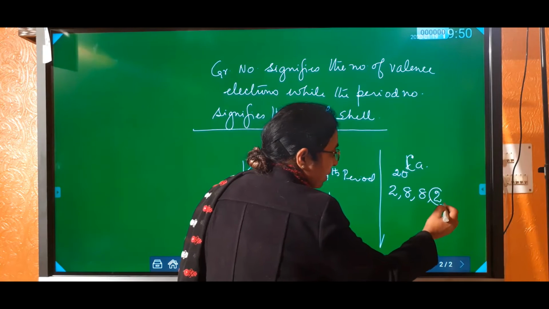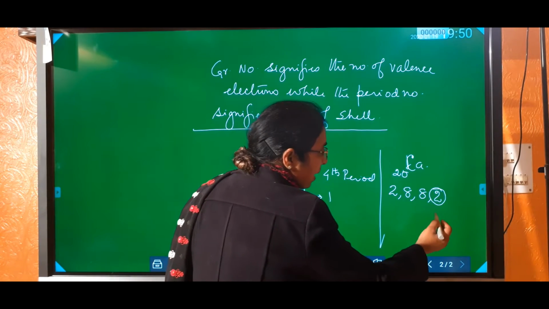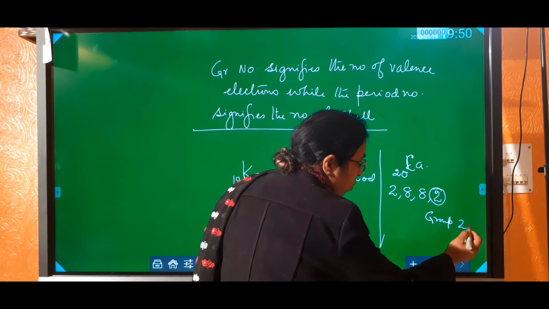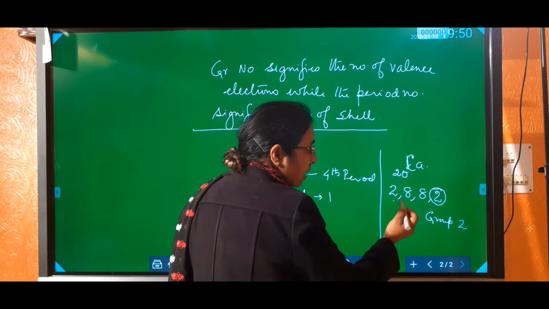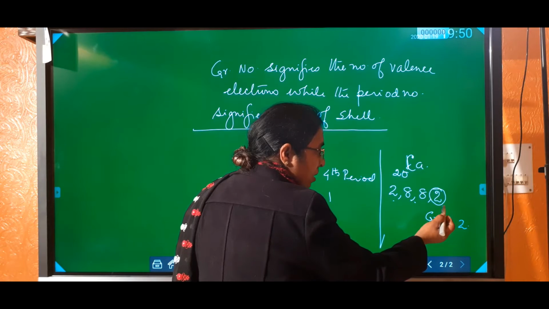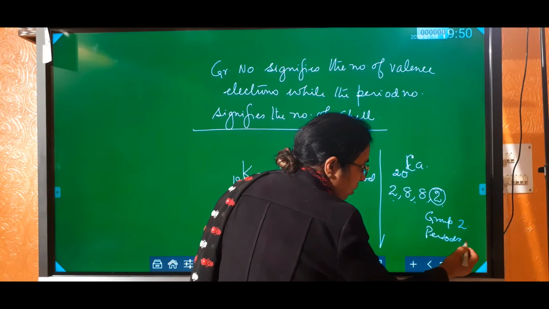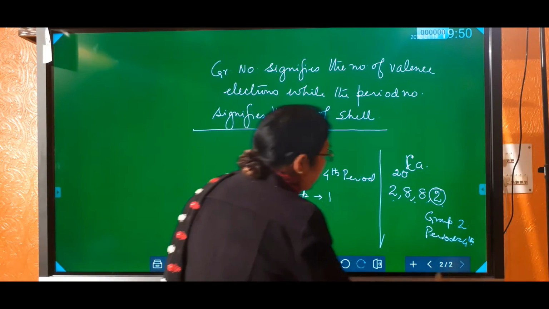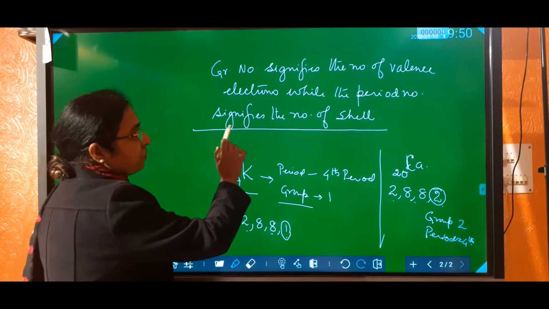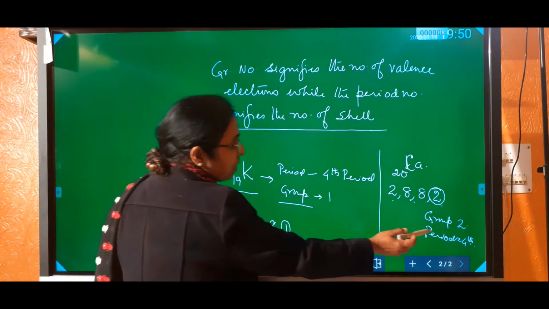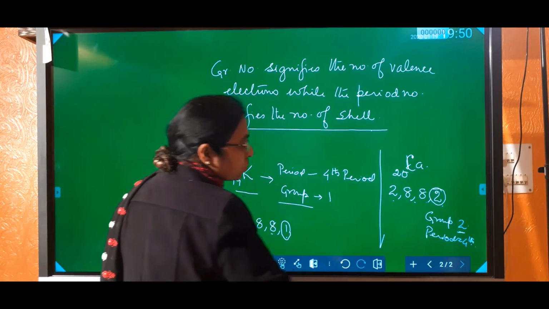So the number of valence electrons is 2. That means the group will be 2, and since the number of shells is 4, the period will be the 4th period. So the period number signifies the number of shells and the group number signifies the number of valence electrons.